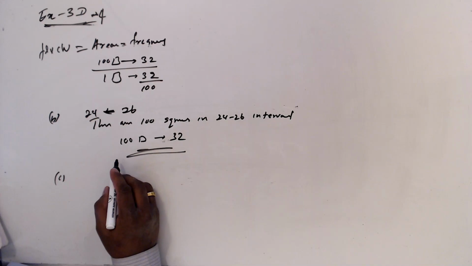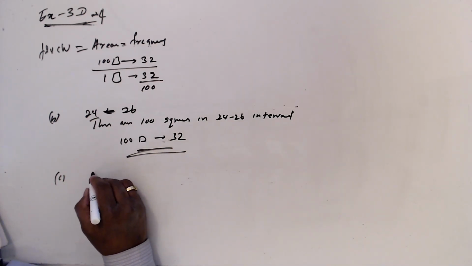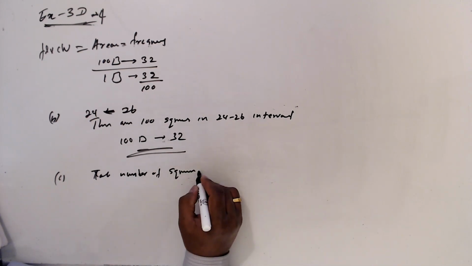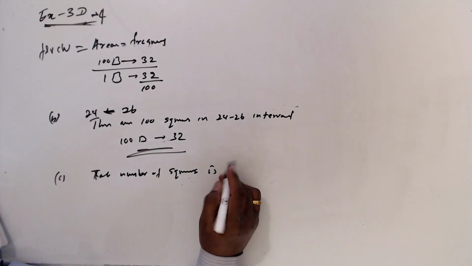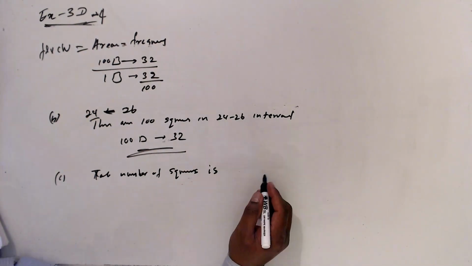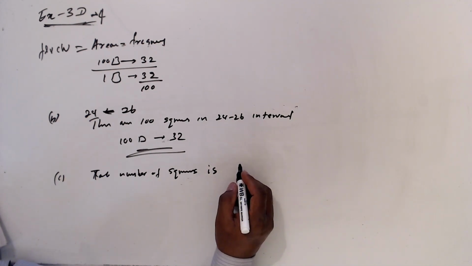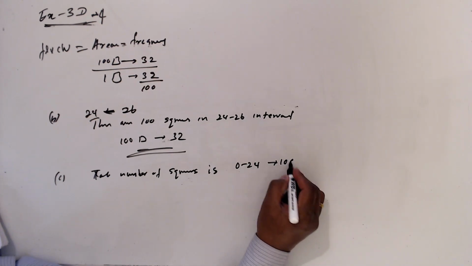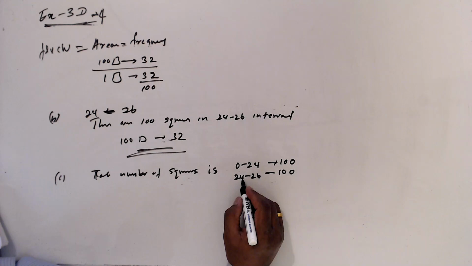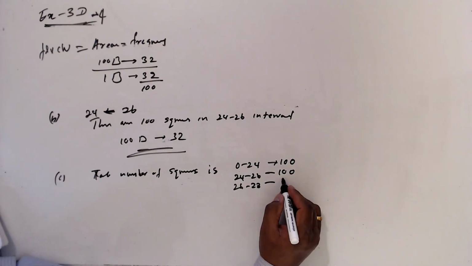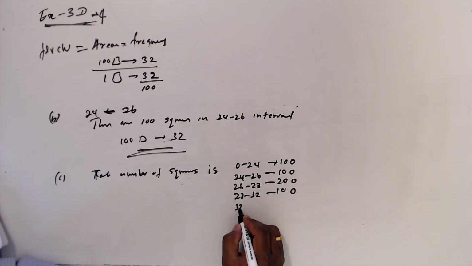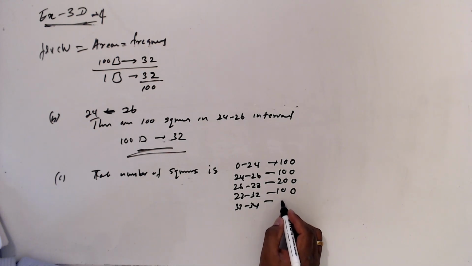Part C, number of lambs in the farm. The total number of squares: 0 to 24 and 24 to 26 it is again 100, and 26 to 28 we have 200 small boxes, and 28 to 32 we know that is 100 already, and 32 to 34 it is going to be 5 times 5, 25.